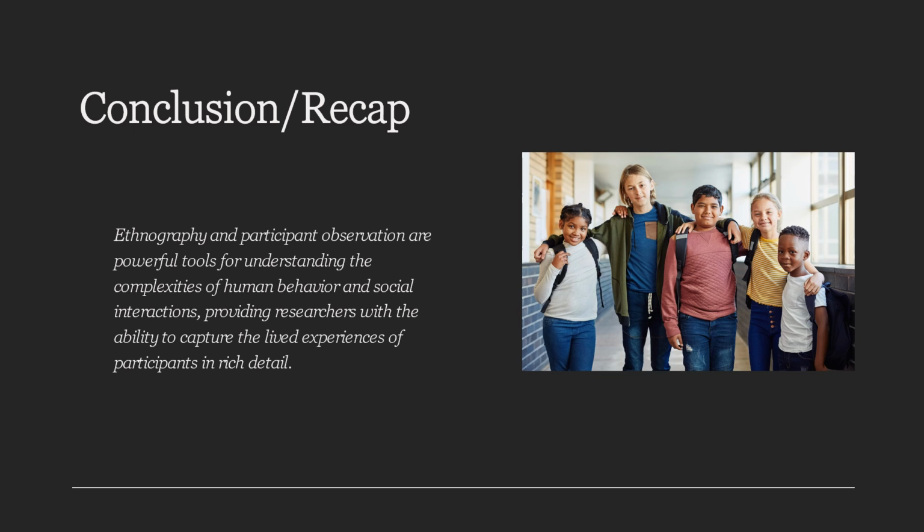This is a holistic perspective. So these methods are not just about collecting data, they are about understanding the context, meaning, and processes behind the behaviors and interactions observed. And this is going to provide a holistic view that can reveal insights that other methods might miss.